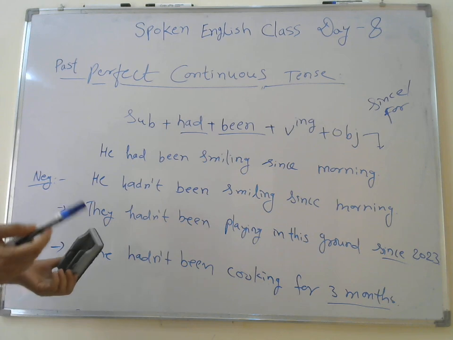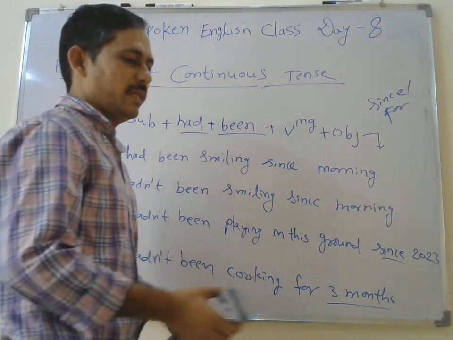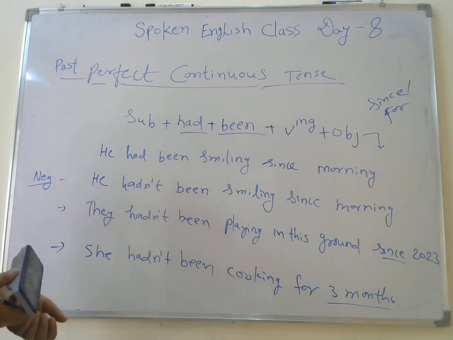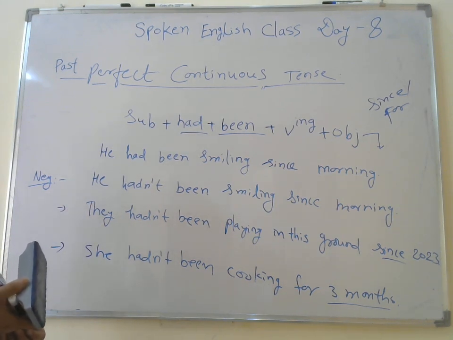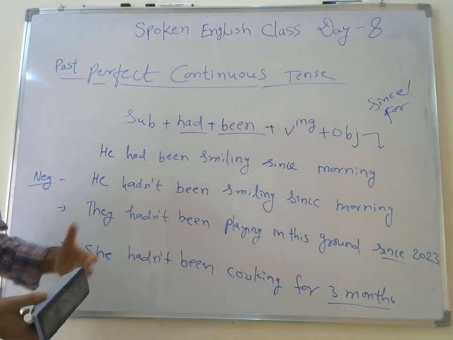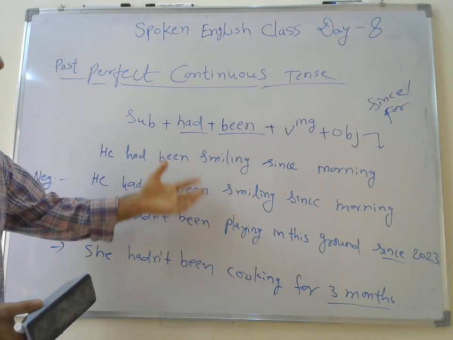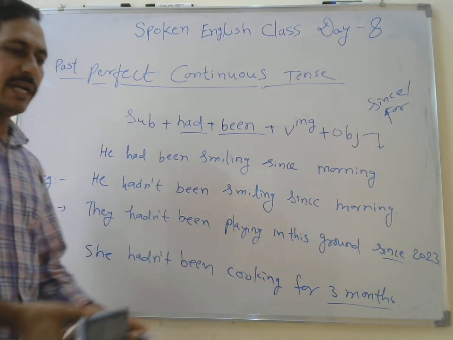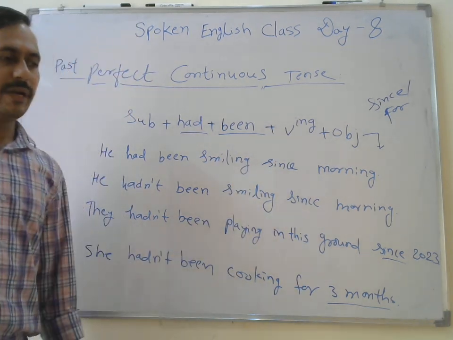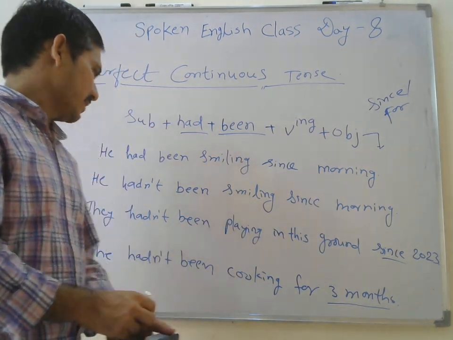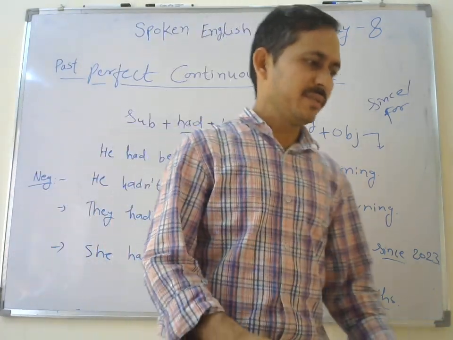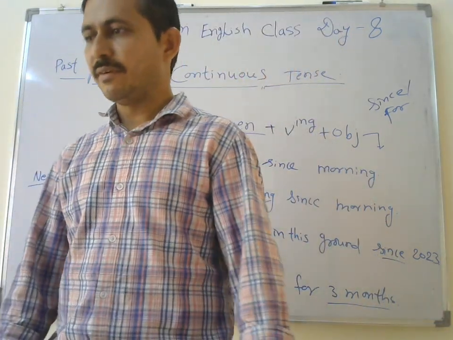You have to prepare sentences using all your subjects: he, she, it, they, and I, we, you, all. Then you should use whatever possible verbs are there. I have listed some 30-40 verbs, and meanwhile you have to keep on adding verbs to your list, so that you have more verbs in your brain whenever you are speaking.